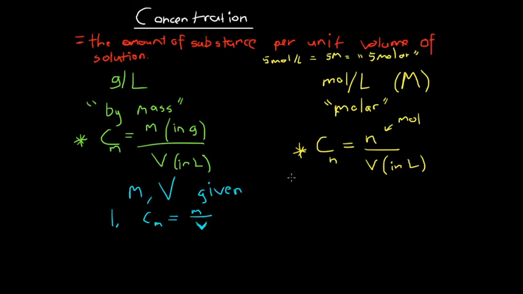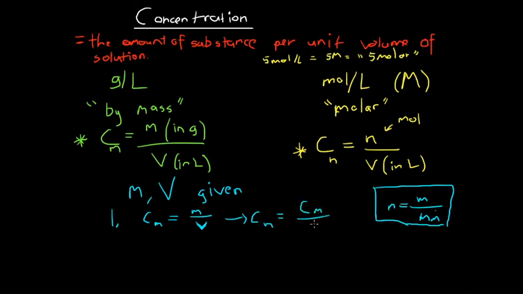Then we know the formula from the mole concept video: n, the number of moles, is equal to the mass divided by the molar mass. That's a pretty crucial formula. So the molar concentration is equal to the concentration by mass divided by the molar mass.